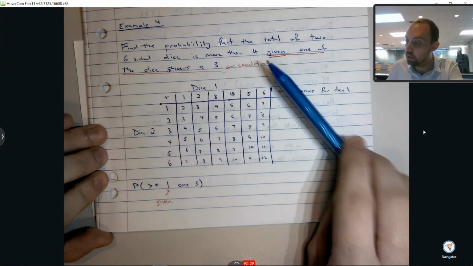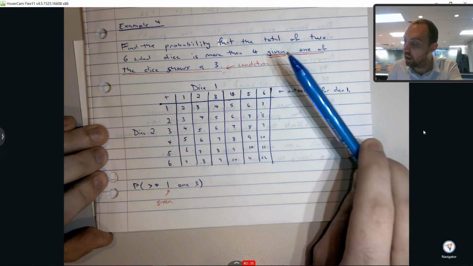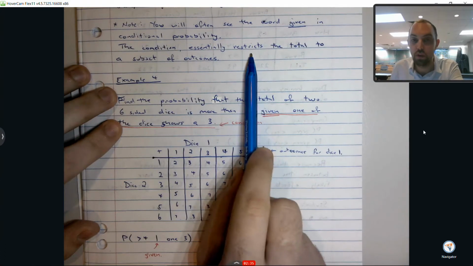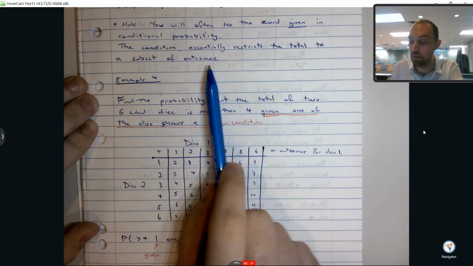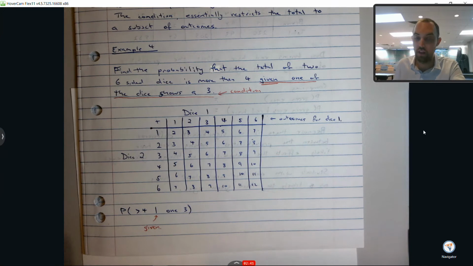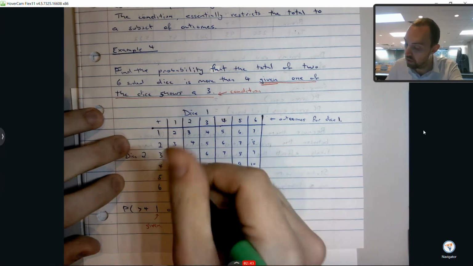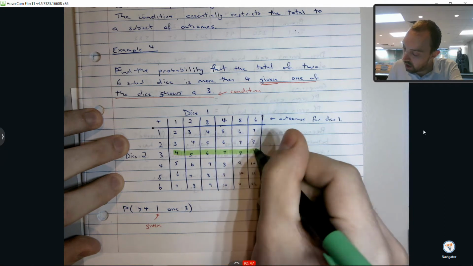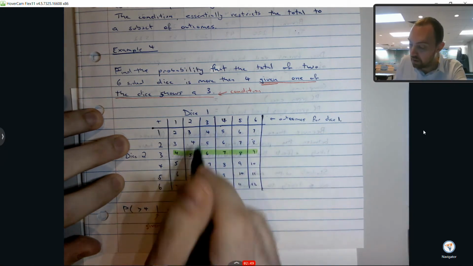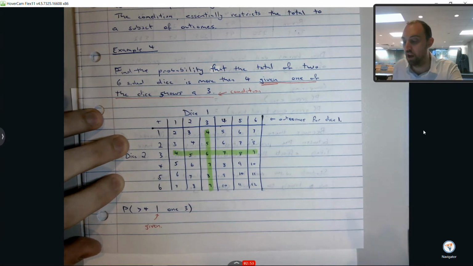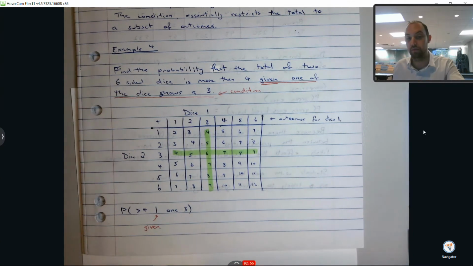With our conditional probability, this, as I've set up here, restricts the total to a subset of outcomes. If we were to look at this condition here, 1, 3, we're looking at all of these outcomes and all of these outcomes.